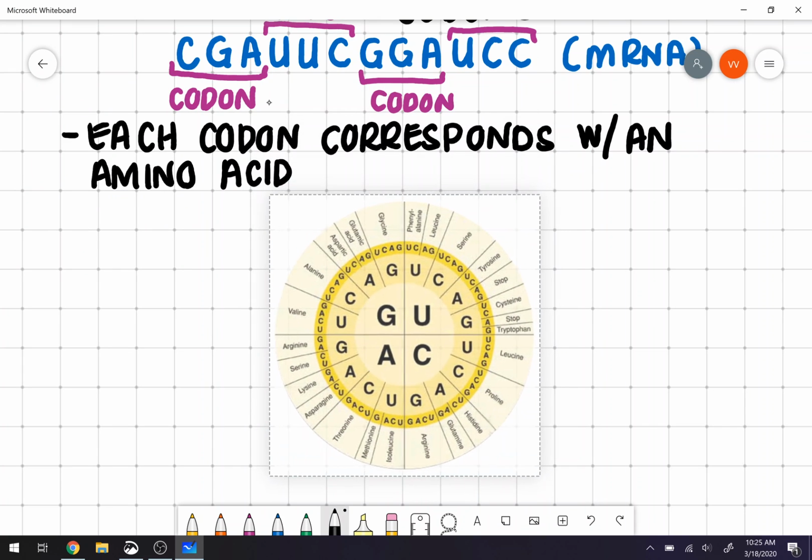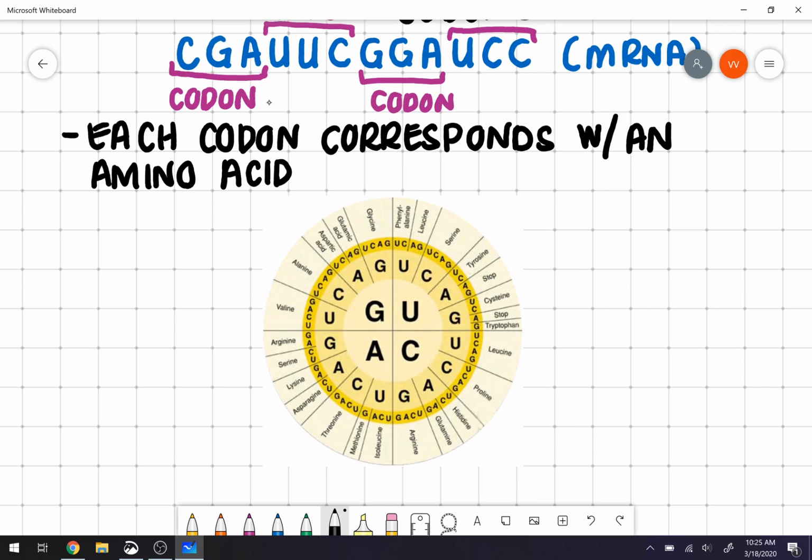Your ribosome is going to know which amino acid the transfer RNA needs to bring by looking at these codons.